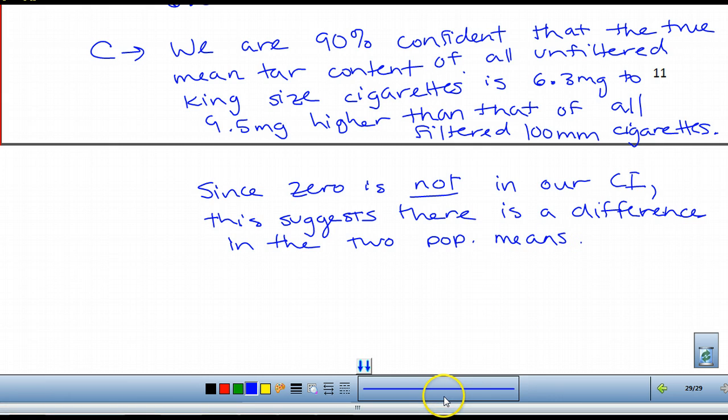And when we did the test, we did see that as well, that there was a difference and that one was actually higher than the other, and we can see that that's reflected in our confidence interval as well.